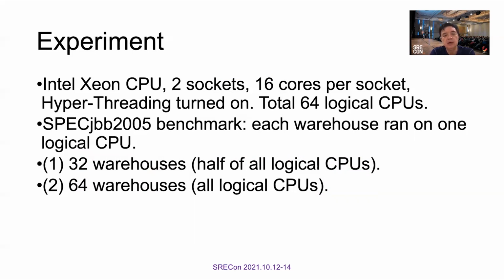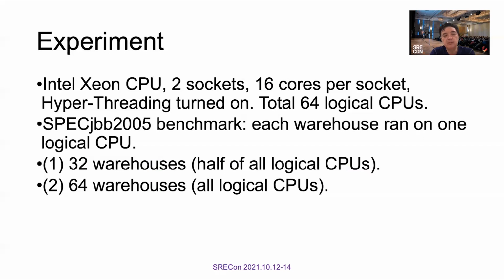We took an Intel system with 2 sockets, 16 cores per socket, hyperthreading turned on. 2 times 16 times 2, that means we have 64 logical CPUs running on the system. We picked a benchmark called SPECjbb 2005.